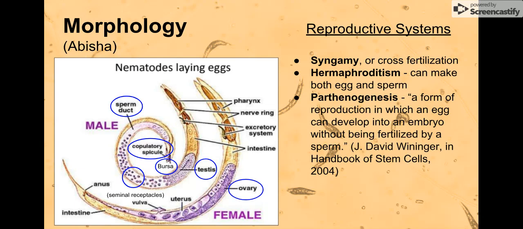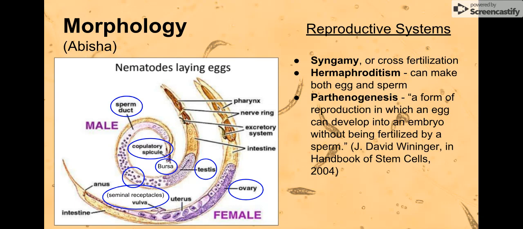So the females have ovaries, and those produce the eggs, very similar to humans. And to receive the spermatozoa from the male nematodes, they have to enter them somehow. This picture wasn't labeled. Abisha included a seminal receptacle, which is probably around the vulva area.